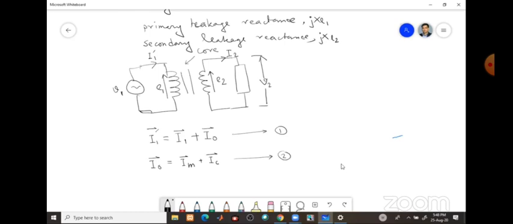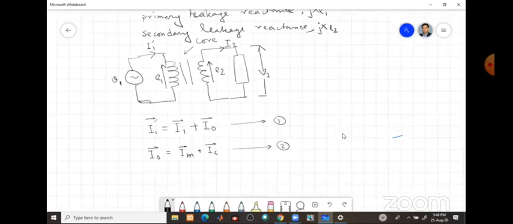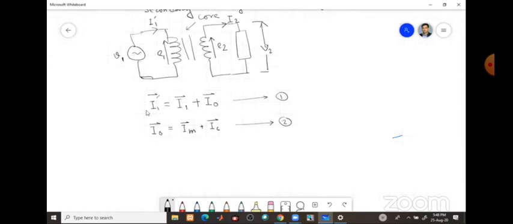If you don't understand, you can ask again. In the first equation, the actual primary current is the vector summation of the load component of primary current I1 and the no load component of primary current I0.